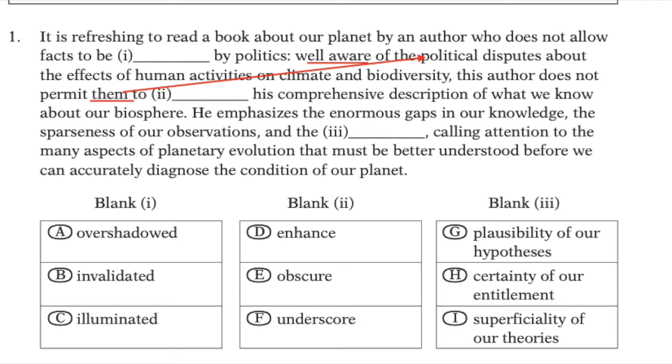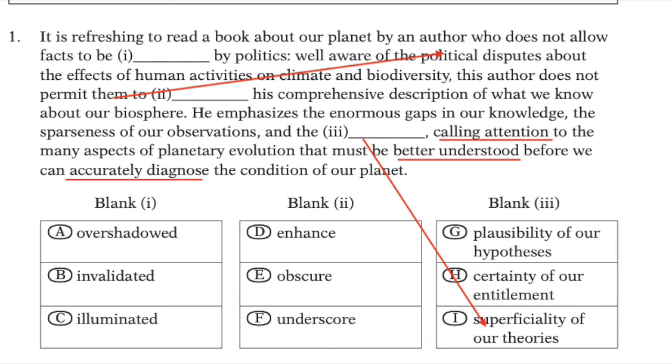Let's move on to the third blank. He emphasizes the enormous gaps in our knowledge, the sparseness in our observations, and the dash, calling attention to the many aspects of planetary evolution that must be better understood before we can accurately diagnose the condition of our planet. And what he's trying to say here is that this author is very good because he understands what these gaps are in our knowledge about the planet, and he addresses exactly those aspects that must be better understood.